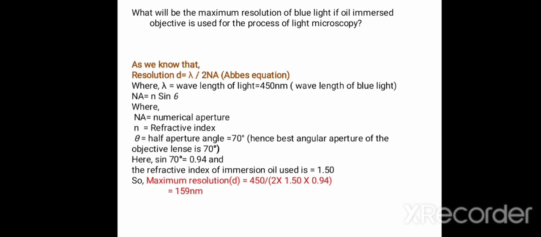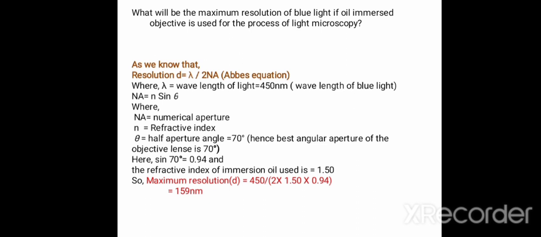We have already mentioned that NA is equal to n sin theta, where NA is the numerical aperture, n is the refractive index, theta is the half aperture angle. Here it is 70 degree. Hence the base angular aperture of the objective lens is 70 degree. So here theta is 70 degree. Sin 70 degree is equal to 0.94.